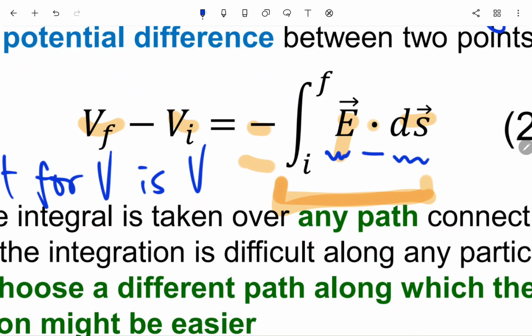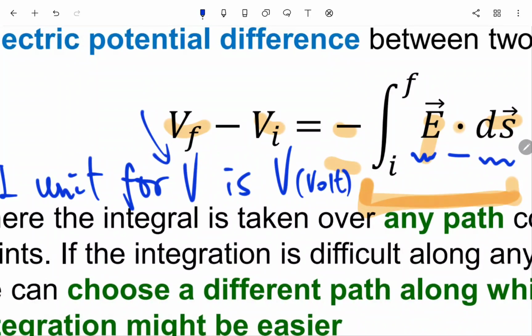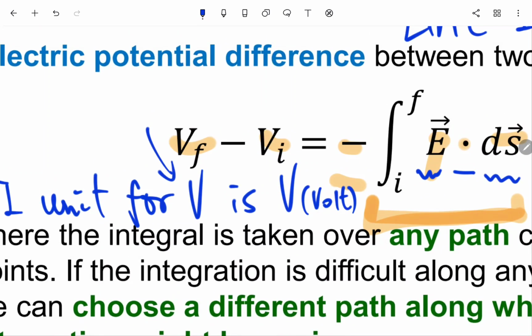The unit is volt. In this physics textbook, it is always called electric potential, but in the electrical engineering sense, we usually call it voltage.